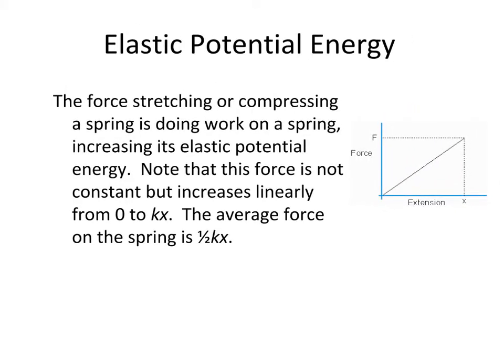Our graph shows us a linear relationship. So as we extend or stretch the spring more, the force increases. But the average force on the spring is 1/2 kx. So our average value for the force would be right in the middle, right there, 1/2 kx.